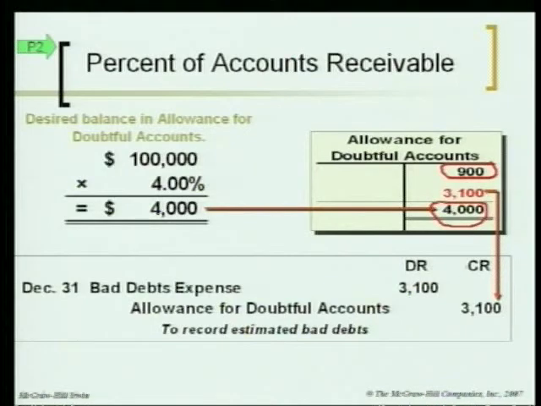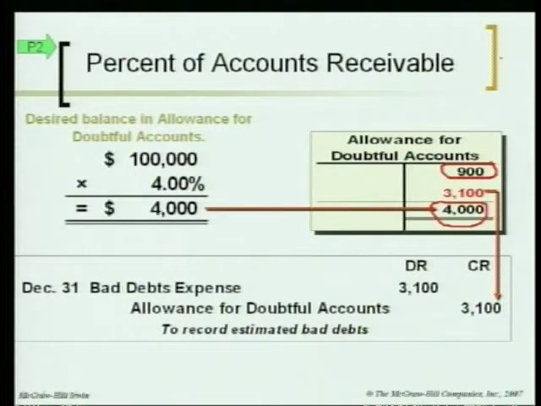We want our balance to be $4,000. It's currently $900 credit in allowance for doubtful accounts. So what entry do we have to make to bring the beginning balance to the desired ending balance? In this case, it's $3,100.